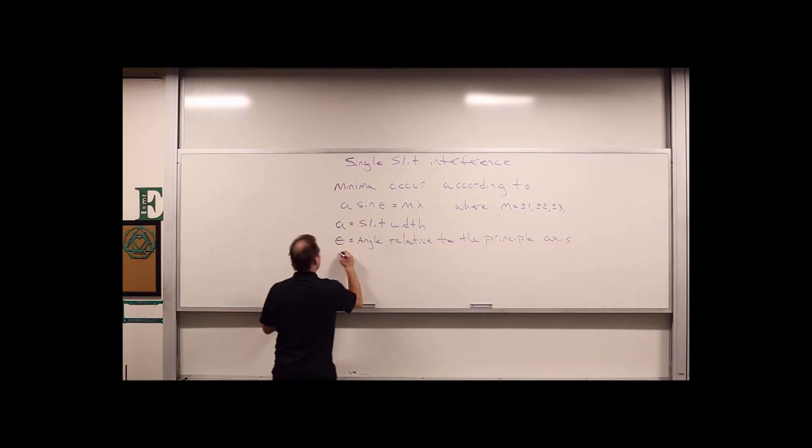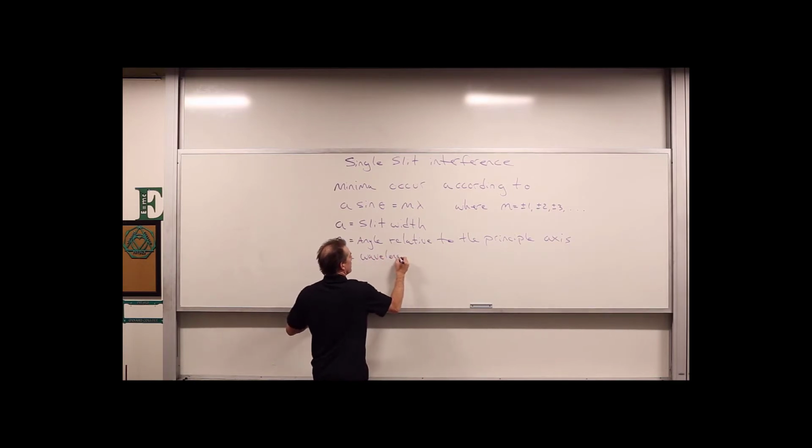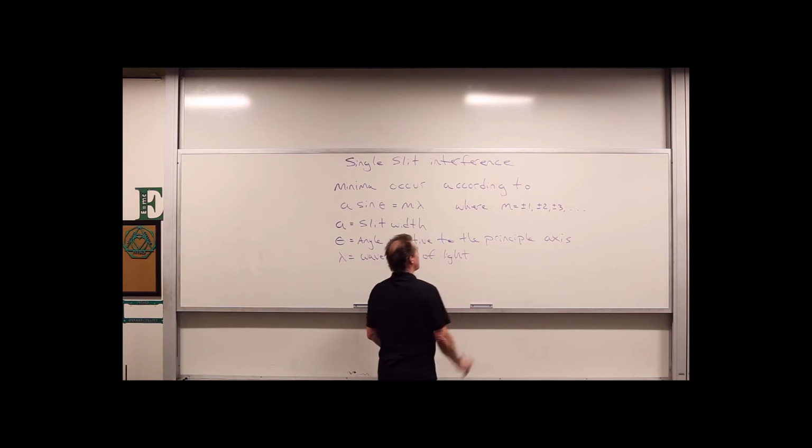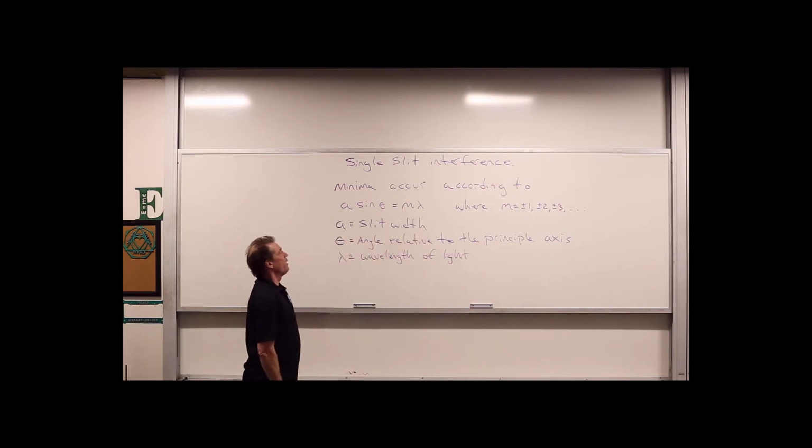And of course, lambda is the wavelength of light. For single slit interference, we still need monochromatic, coherent light in order to really see the pattern, because it is still packed in really close together, and that's pretty much the necessity there.